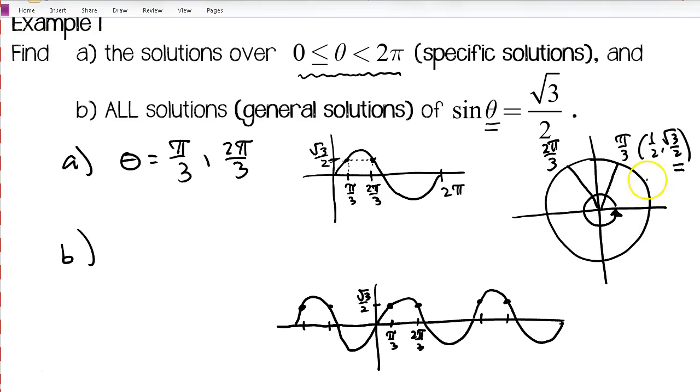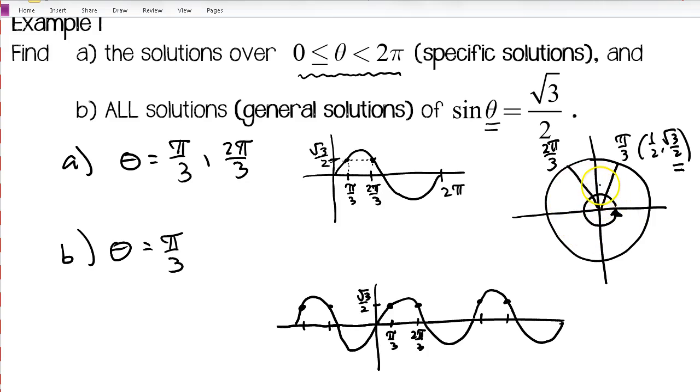So coming back to our unit circle here, I know I'm going to have a solution at pi over 3. So theta is going to be pi over 3. And let's disregard this 2 pi over 3 for a second. So I was at pi over 3 and I went around my unit circle another 2 pi.